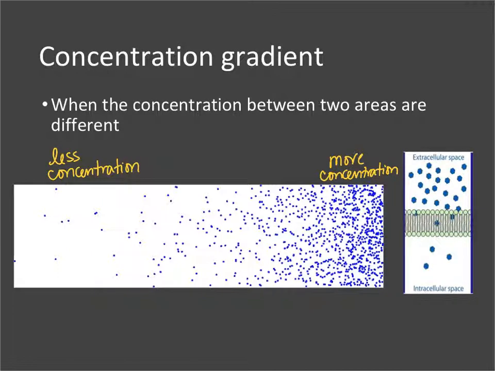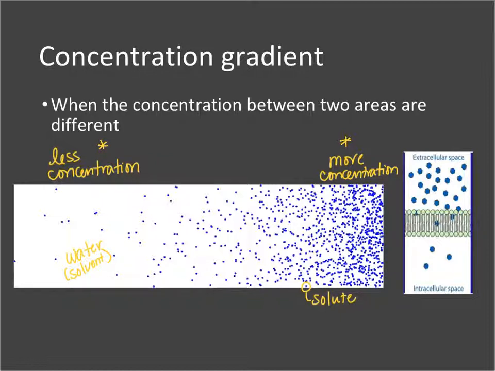All right, so think of these little blue dots here as being our solute, and this white part here would be our water or our solvent. So we can clearly see that there are more of these blue dots in one area compared to the other area. So this forms a gradient.